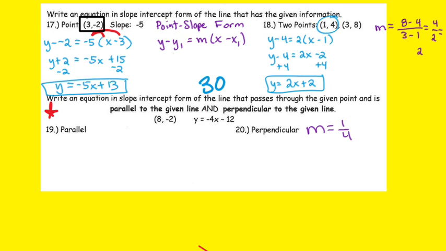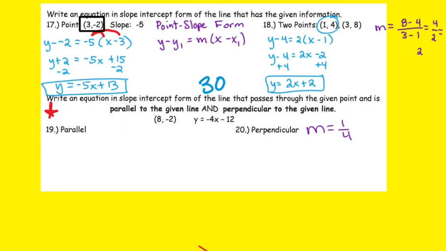On 19 and 20, 19 asks for a line that will be parallel to this line right here, but it has to go through this specific point of 8, -2.